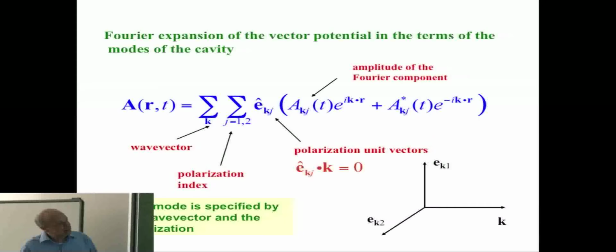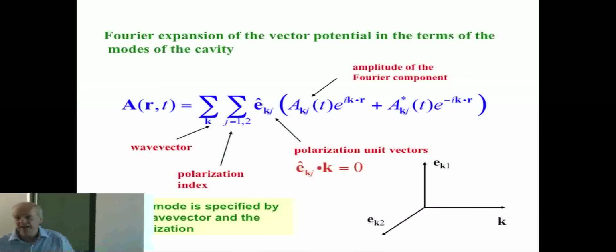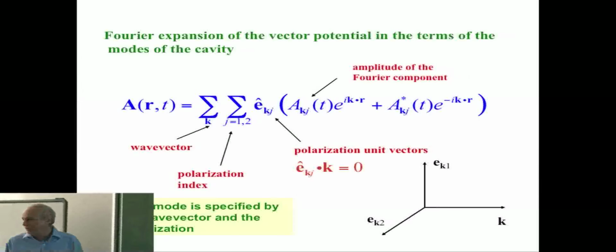The general expression of the vector potential is a summation of functions of this kind over all possible values of k, and there is also a sum over j, which is a polarization index for the field. Because this is a vector field, for each mode it can in principle have 3 different directions in space.